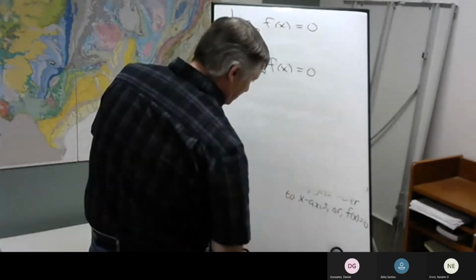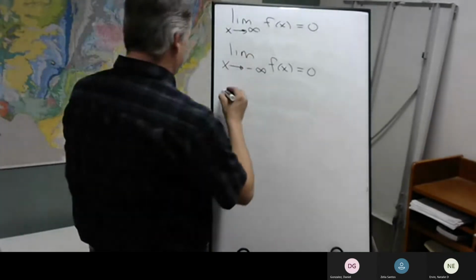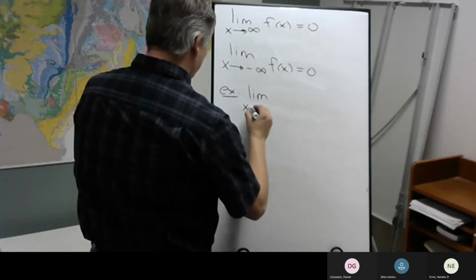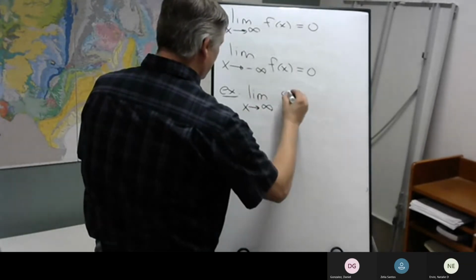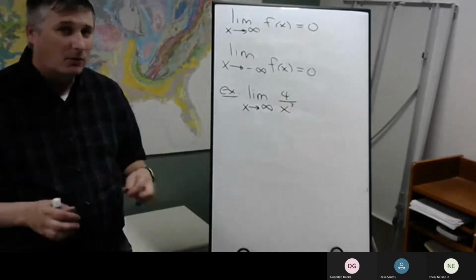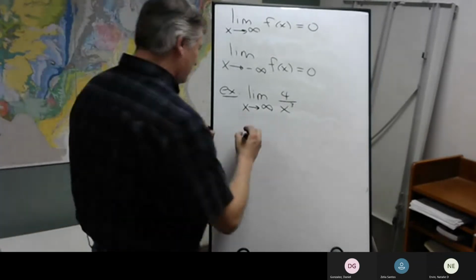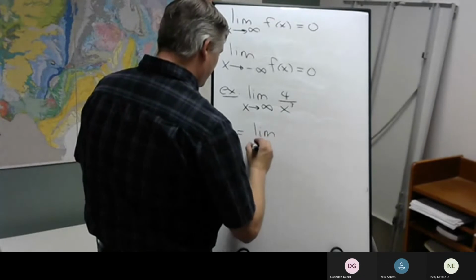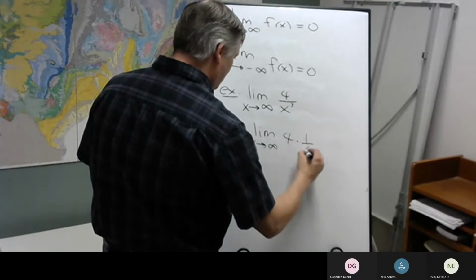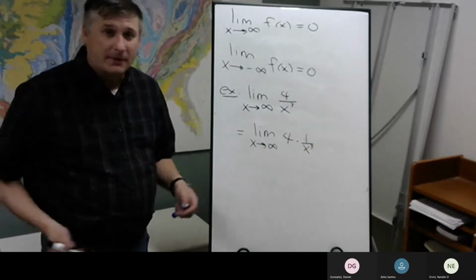So for example, let's say we have 4 over x cubed. Well, in this case, we can think of this as a constant times 1 over x cubed, and a constant will pass through the limit.